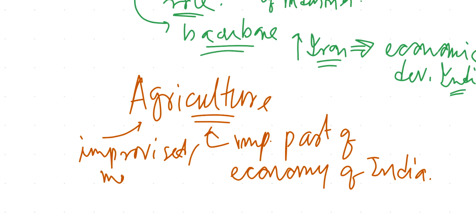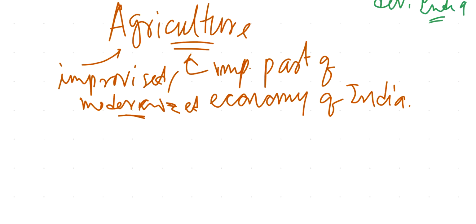It played an important role in improvising and modernizing the system, and it helped in reducing the pressure on the agriculture sector for providing jobs, because it helped in the setting up of several new industries where employment could be provided to the people.